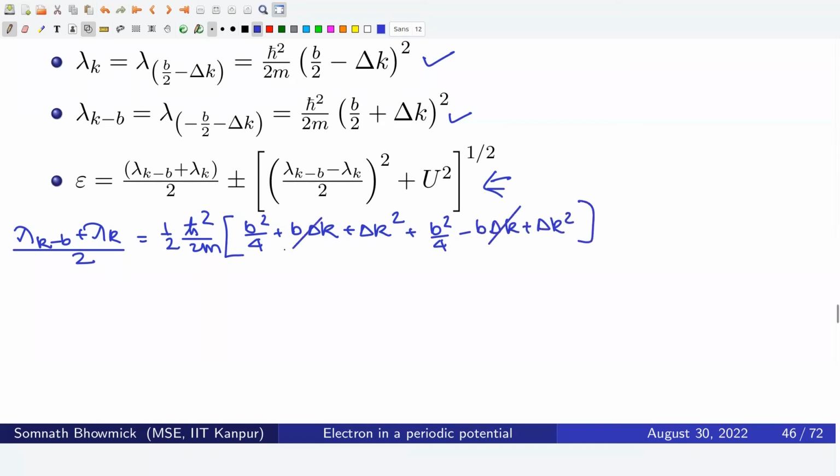These two terms cancel out, and this is equal to h cross square by 2m, B square by 4 plus delta K square.